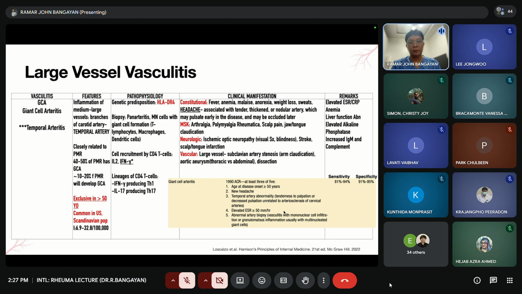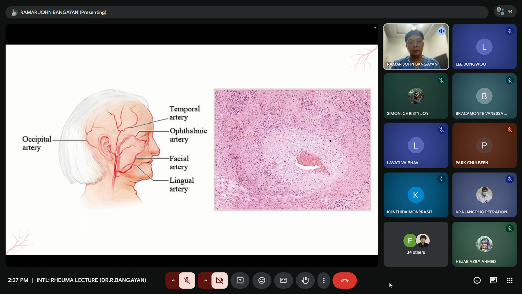I don't recall it, but anyway, I wouldn't ask that question. All right. So as you can see, this is the temporal artery. All the layers are involved. Okay, there is infiltration of giant cells over your intima, your media, and your adventitia.